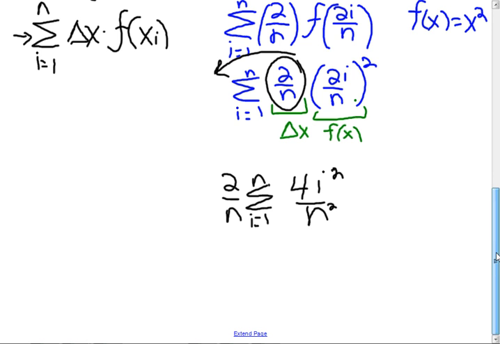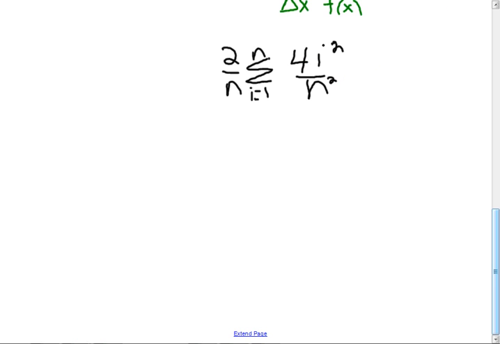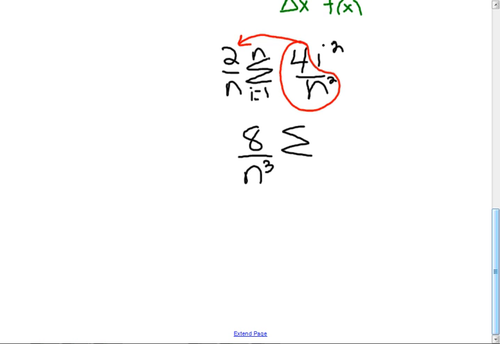I can pull that again through that sigma. So I can take 4 over n squared right out of there. And when I take this 4 over n squared, I'm going to multiply it by the fraction I have in front, and I'm going to be left with 8 over n cubed. And then it's the summation i equals 1 to n of i squared.